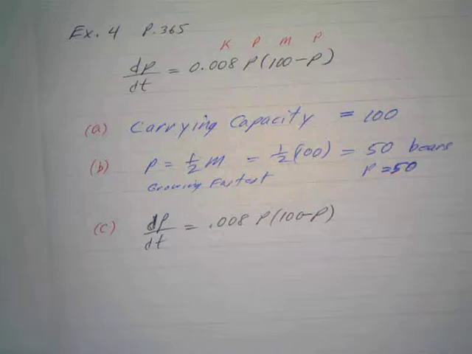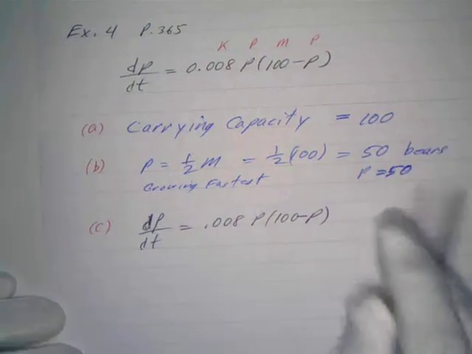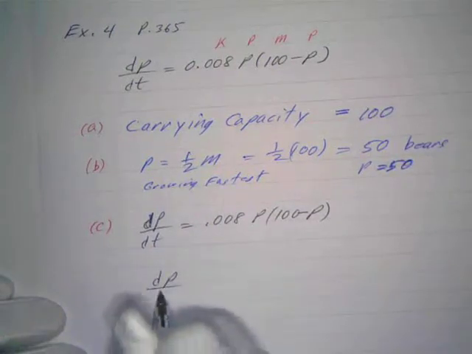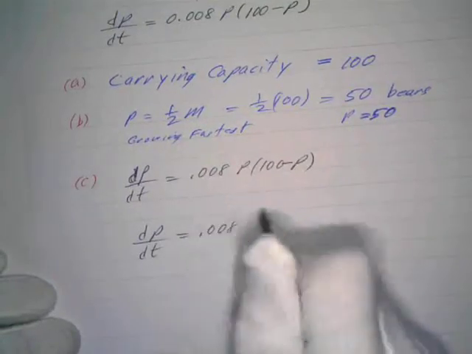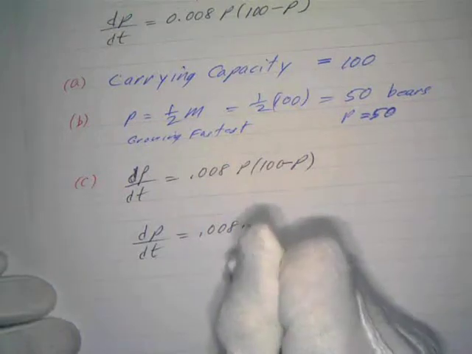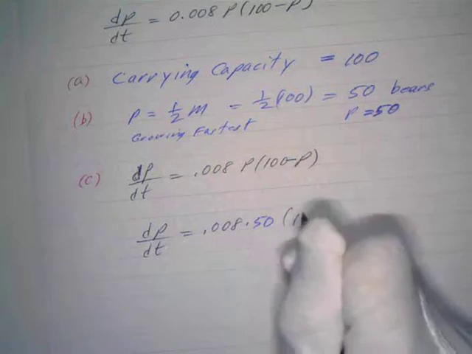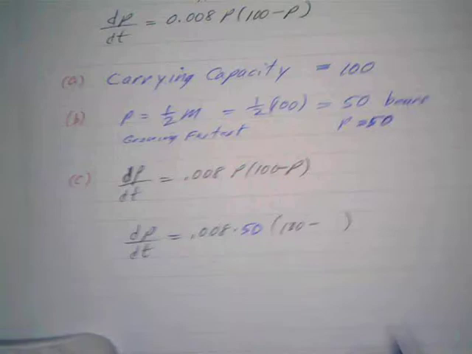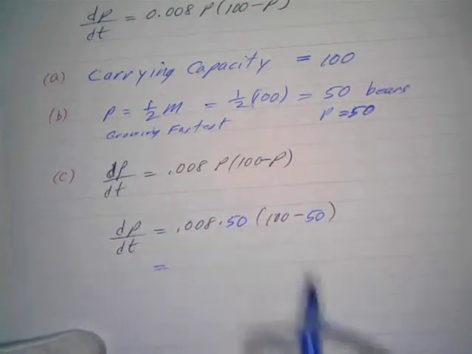So we just substitute 50 for P, because that's when it's growing the fastest, and then we're going to find our rate. That's real easy: 0.008 times P, which is 50, times 100 minus 50.